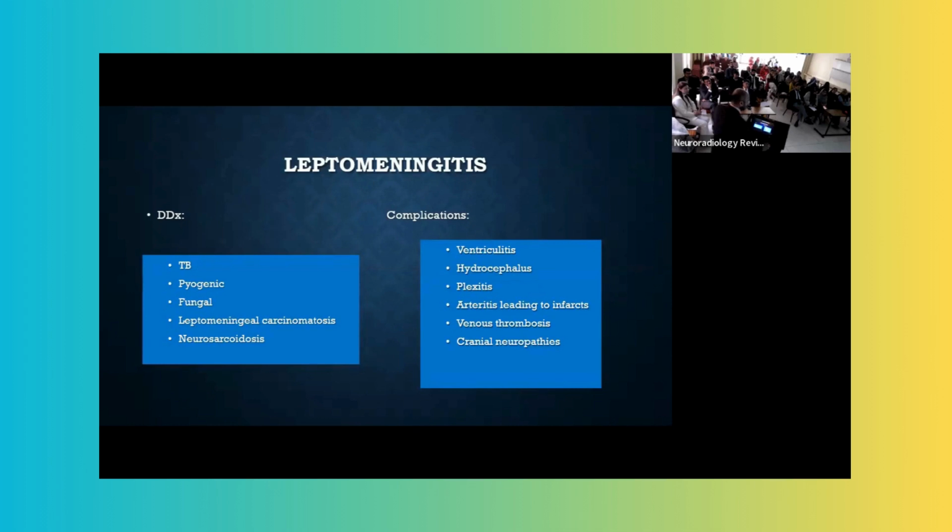Okay, and the other bit is also, especially with fungal infections, you see arteritis or vascular occlusions. You need to look for venous sinus thrombosis, you need to look for infarcts. So these are all complications of meningitis or intracranial infections.